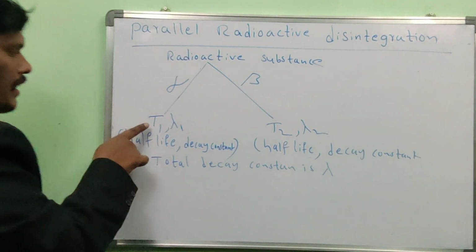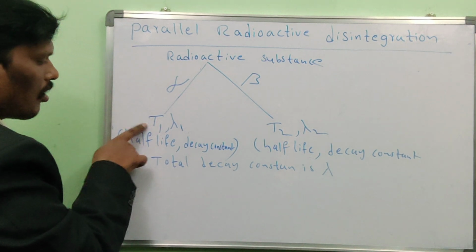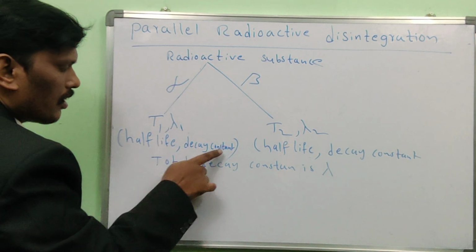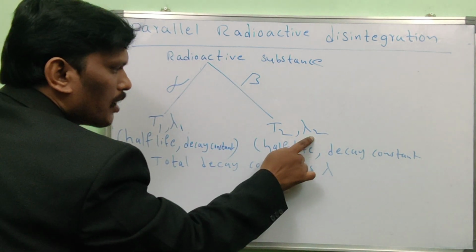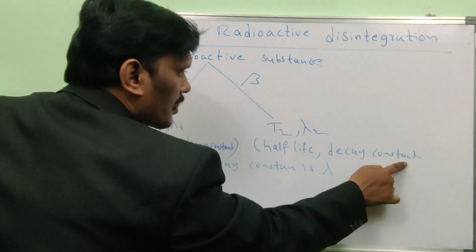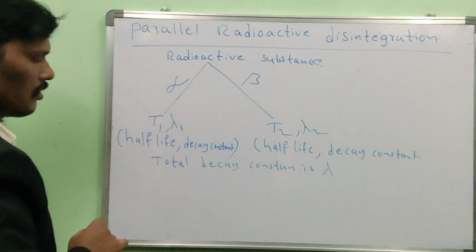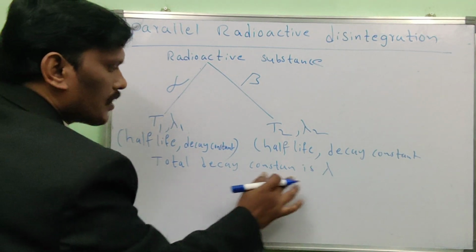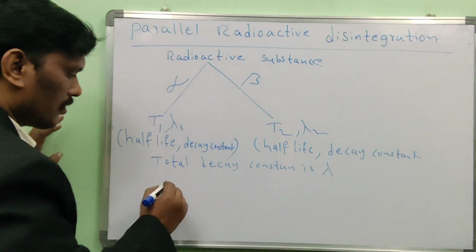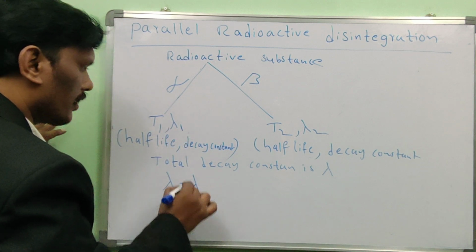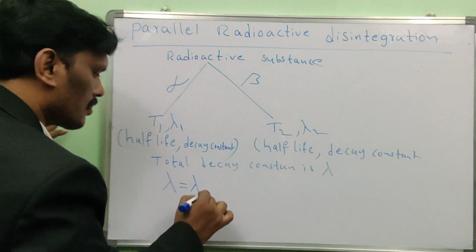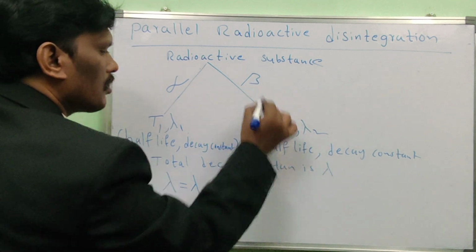T1 is the half-life and lambda 1 is the decay constant for alpha emission. T2 and lambda 2 are the half-life and decay constant for beta emission. The total decay constant I am going to consider is lambda. Then how to calculate lambda? Total decay constant is lambda 1, the decay constant for alpha emission, plus lambda 2, the decay constant for beta emission.